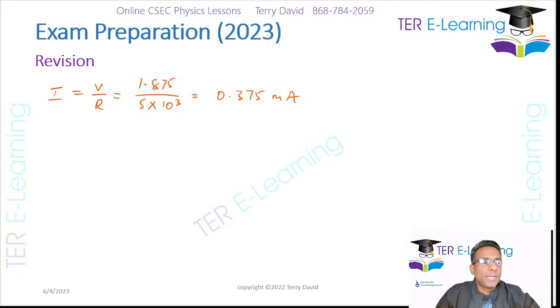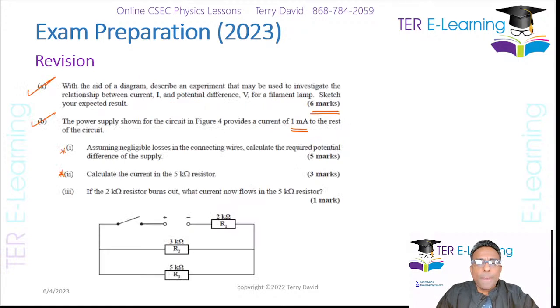So let's see what else they want us to calculate in this question. We calculated that, so 3 marks for that. Now they said in the third part, if the 2 kilo ohm resistor burns out, what current flows through the 5 kilo ohm resistor?